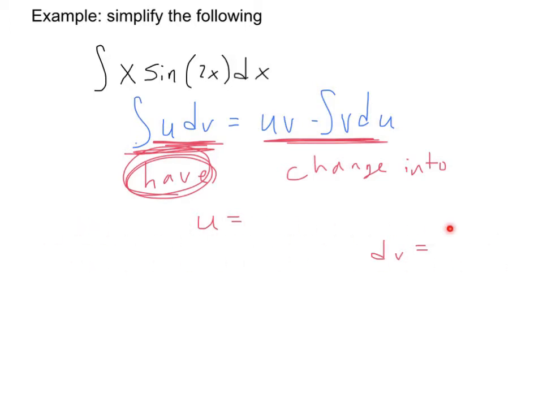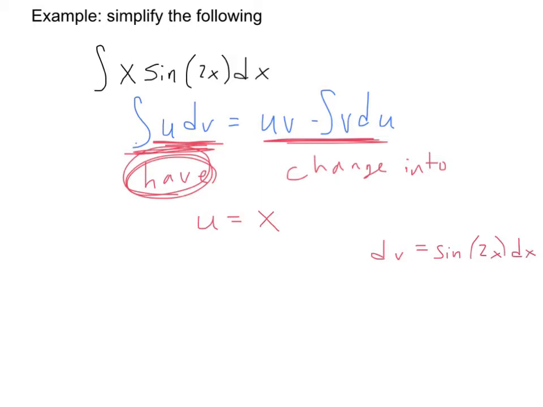U is on the first line, dv is on the next line down. U is most commonly going to be the power of x. So for my problem here, u is x. dv is the other integrable function, so the other integrable function here is the sine of 2x dx.